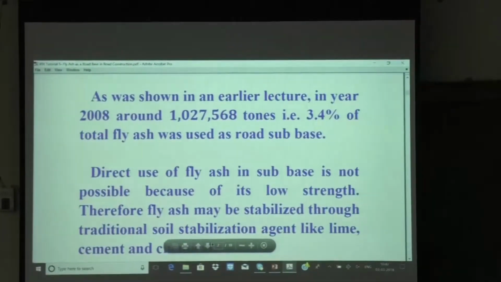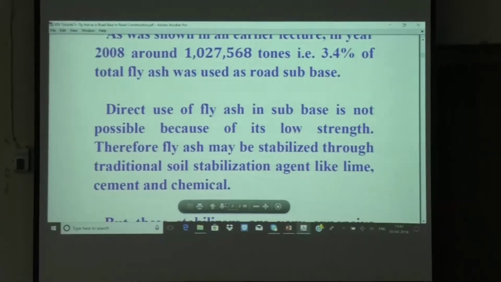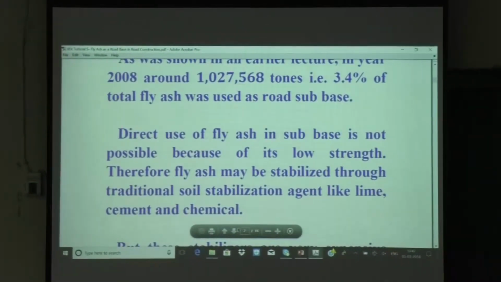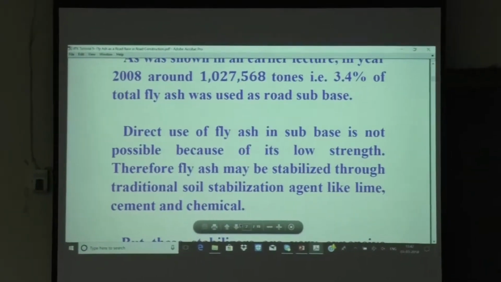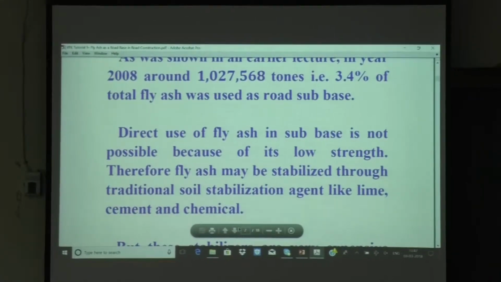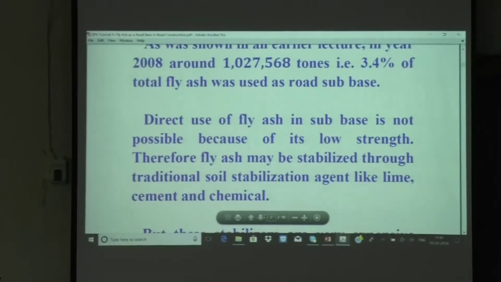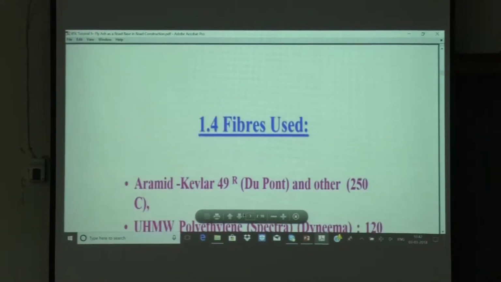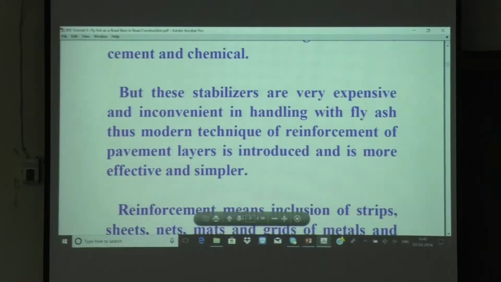Therefore fly ash may be stabilized through traditional soil stabilization agents like lime, chemicals, and also cement. So fly ash may need to be improved. Now, these stabilizers are very expensive and also inconvenient in handling with fly ash.